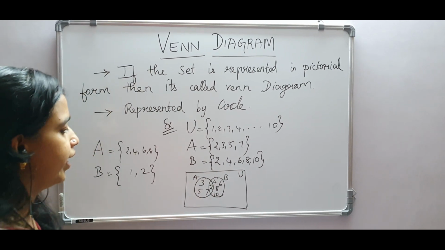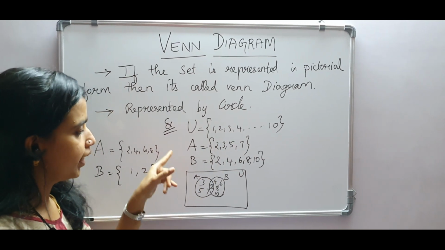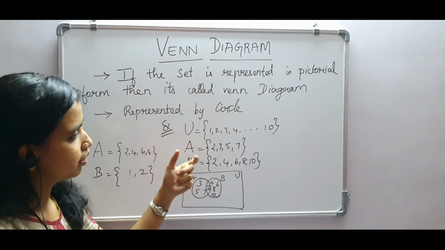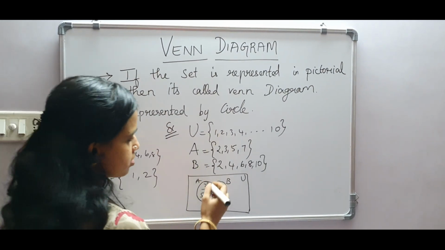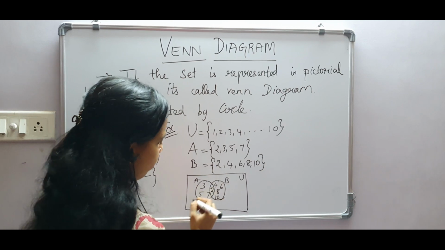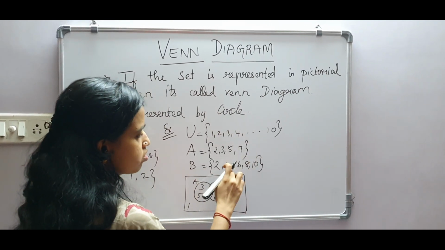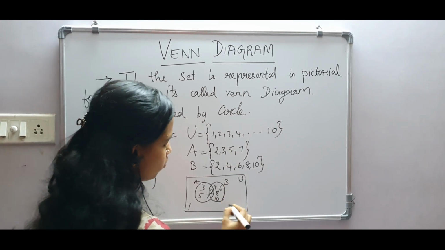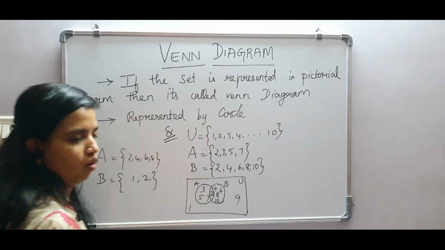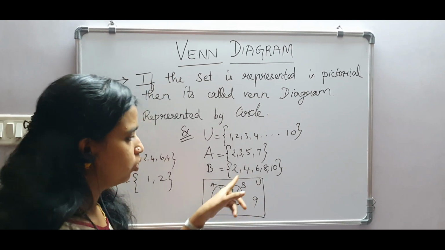Except for these elements, there are some other elements in the universal set, right? 1 is not in these two sets, so we can write 1 here. 2, 3, 4 are also there, and 5, 6, 7 and 9 are left over, so you can write 9 here. So all these numbers are in the universal set.